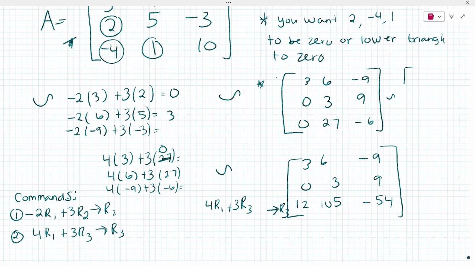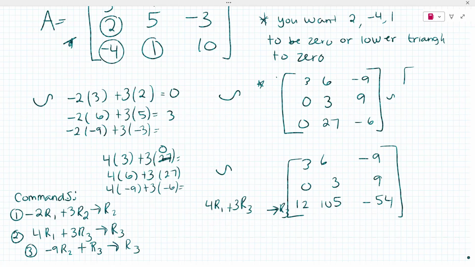So the third command is you're going to multiply -9 of row 2 plus row 3. I only did this step by step. You could do it all at once, or you can use a calculator. It's perfectly fine, but I just wanted to show you the steps.